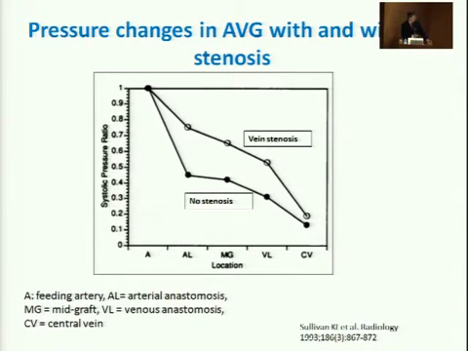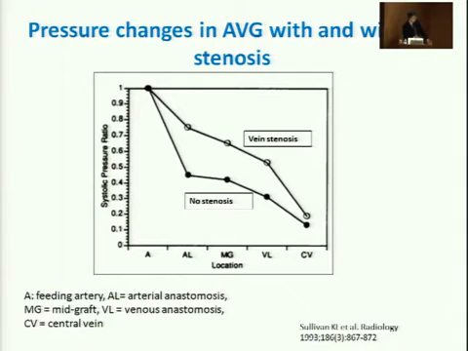invasively blood pressure in AV grafts, and this was the value in the artery, arterial anastomosis, graft, venous anastomosis, and central vein, in case there was no stenosis. In this case, the most important pressure loss occurred inside the arterial anastomosis.